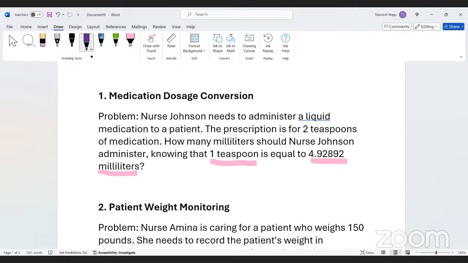Okay, so they've given you several things within this problem. What you need to do first is start with the number that they gave you, the 2 teaspoons. That's the medication that you're going to administer, but we need to convert that to milliliters. So how do you do that?